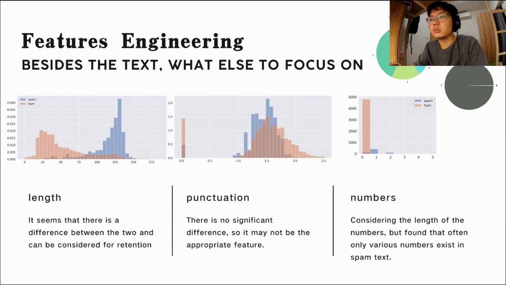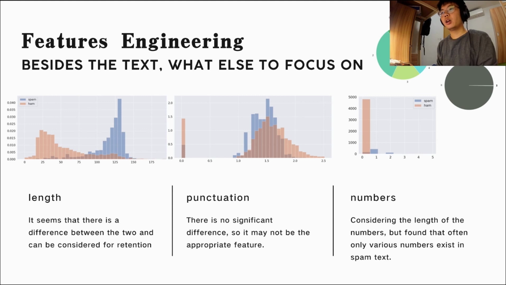It is easy to see that there is a certain degree of difference in the length of text of type ham and spam. The longer the text, the more likely it is of type spam. The same applies to website descriptions, which are usually not too long for SEO purposes.